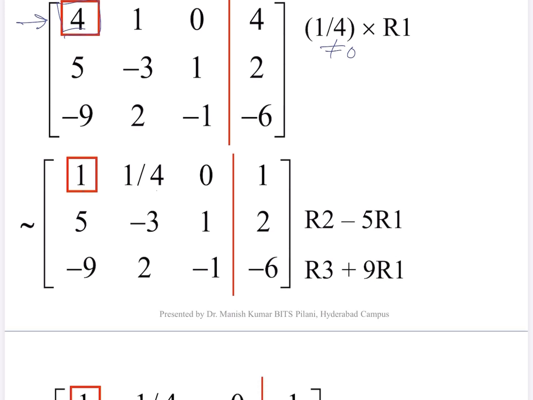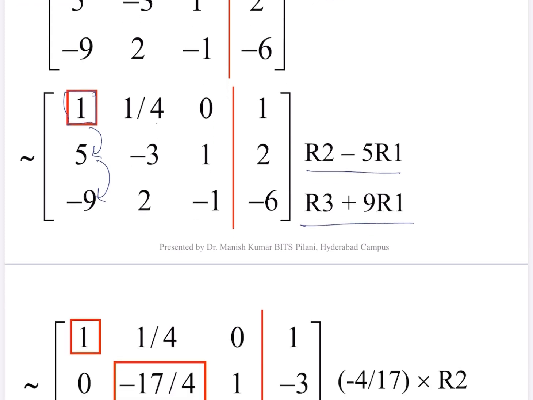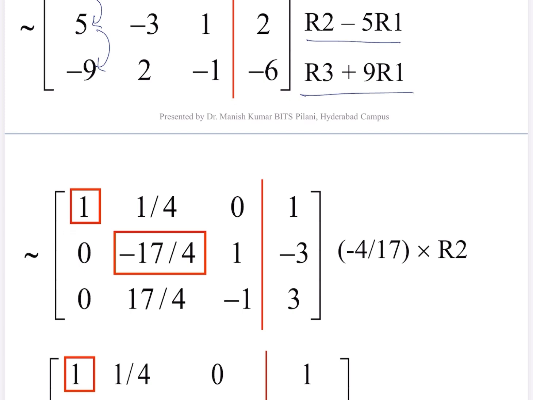Now since this is a pivot entry, below the pivot all elements must be 0. So we use these two elementary operations, which are quite simple. And then we got the first pivot entry, and all the entries below the pivot are 0. Now we move to the next column and lower row, and got this entry. We will make it 1.